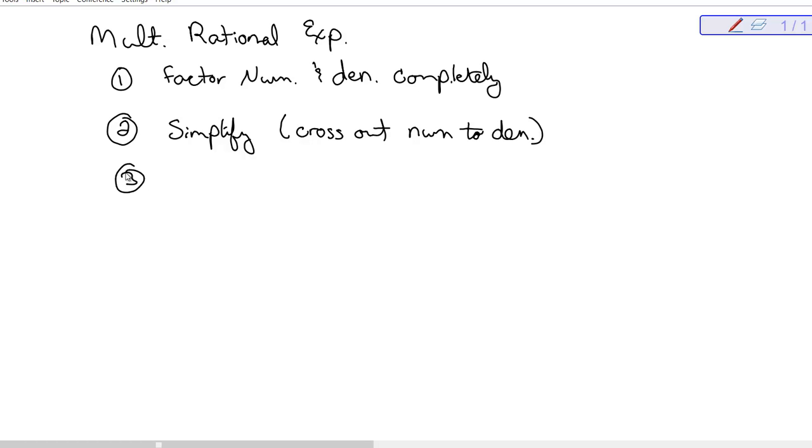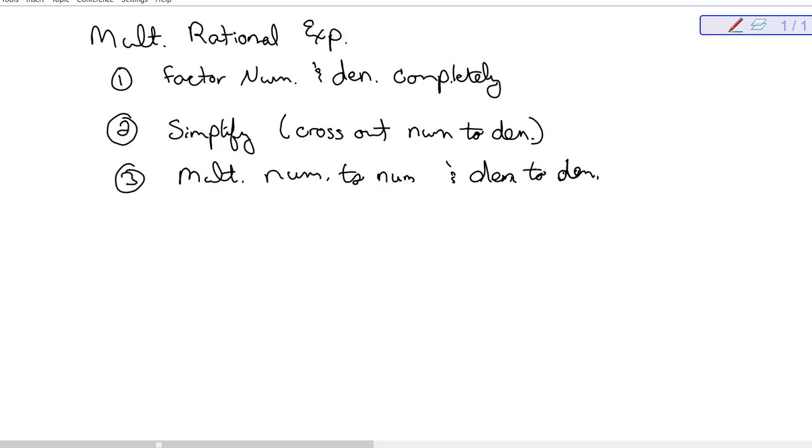Step 3 is we are going to multiply numerator to numerator, and denominator to denominator, just like we would any other fraction, okay?